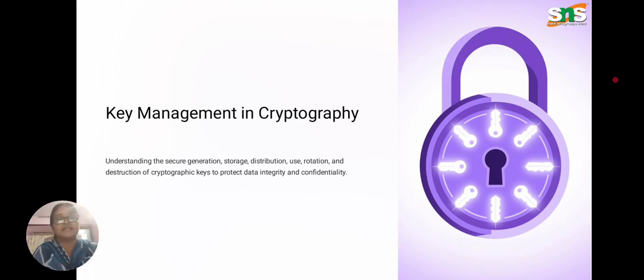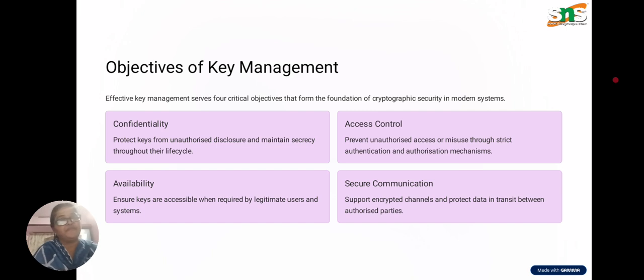The next slide is about the objectives of key management. There are four main objectives: confidentiality, access control, availability, and secure communications. When we speak about confidentiality, the keys should be kept secret and should not be exposed to unauthorized users unnecessarily.